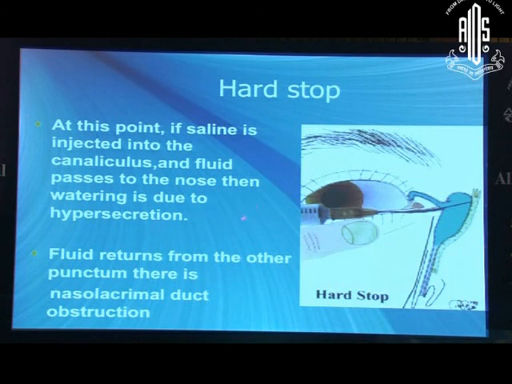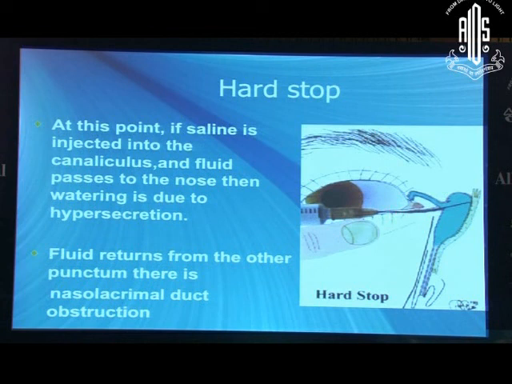Now, it is also important to feel what kind of obstruction you get. If your probe passes through freely beyond the sac up to the bone, that is known as a hard stop. The regurgitation that you get will be one piece of information, but at the same time, the distance through which it has passed matters.